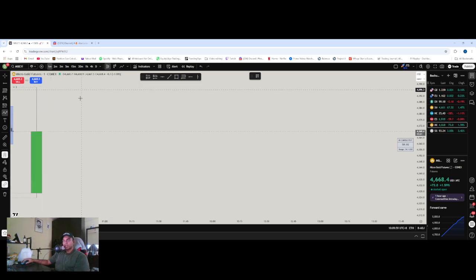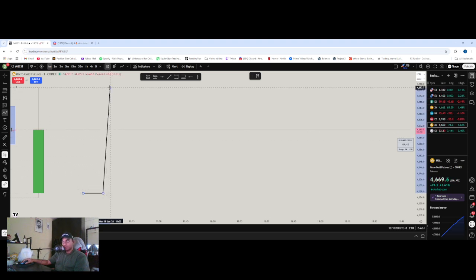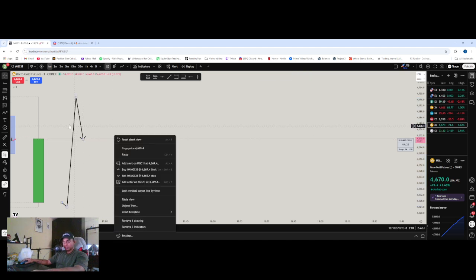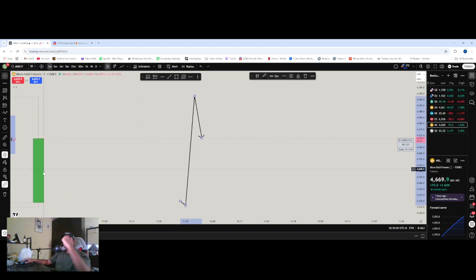Price opened at this point, went down, created this wick over here, then pushed up, and is now creating this wick over here. So this is currently what this 4-hour candle is doing.